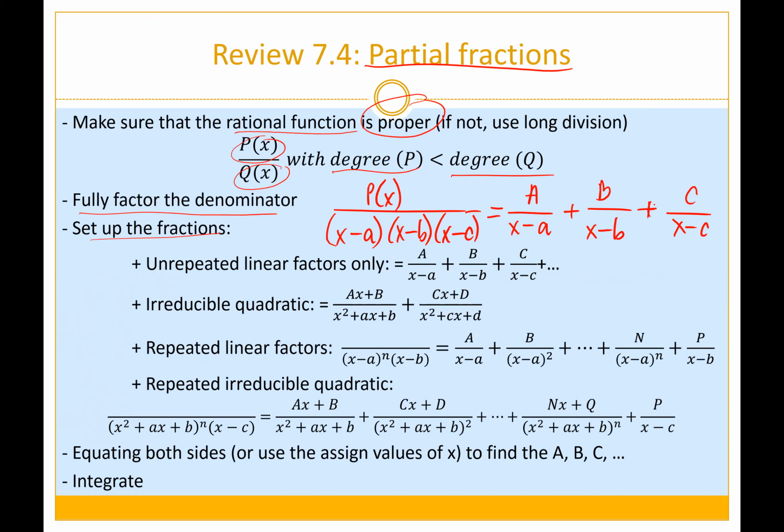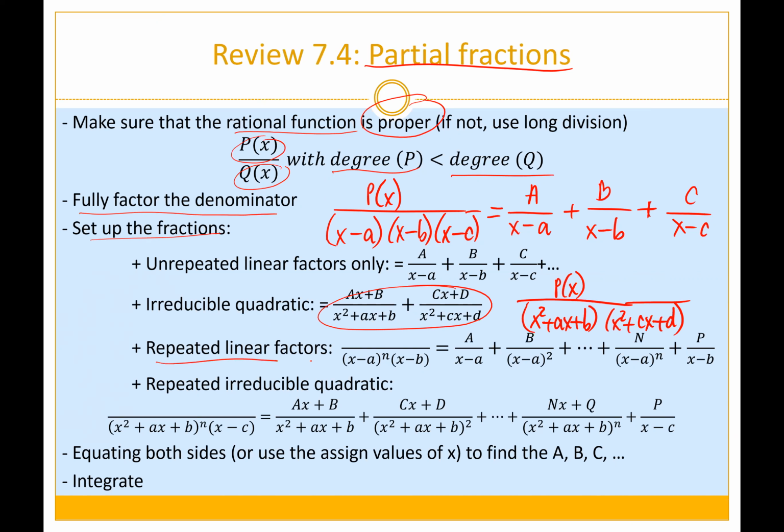Then if we have some sort of irreducible quadratic, say you have p(x) over x squared plus ax plus b times x squared plus cx plus d, then you put it in this form.